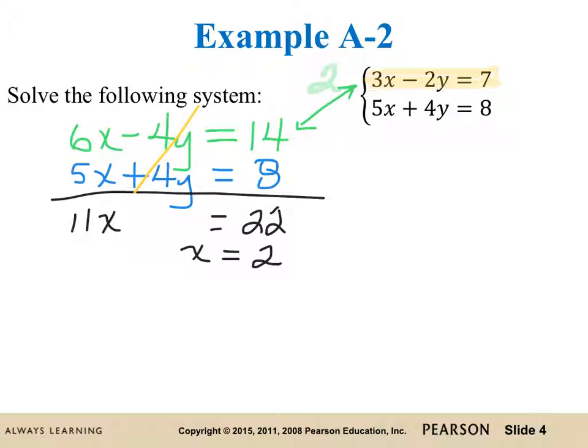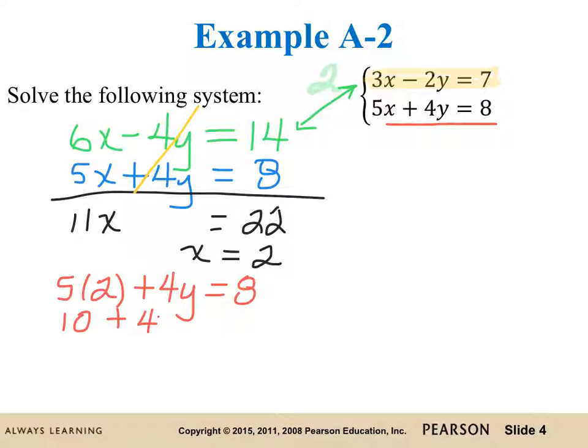Then we will go back to the original set of equations. And I will use 5x plus 4y equals 8 with x equal to 2. 5 times 2 plus 4y equals 8. 5 times 2 is 10 plus 4y equals 8.